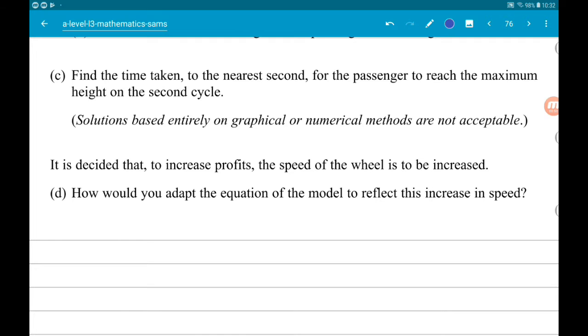That's just constant. So what we need to do then is think about the angle in the trig function. So the original model was dealing with AT. The way to speed that up is to increase the value of the coefficient of t. So increase AT to 100, maybe, something like that. Cool.